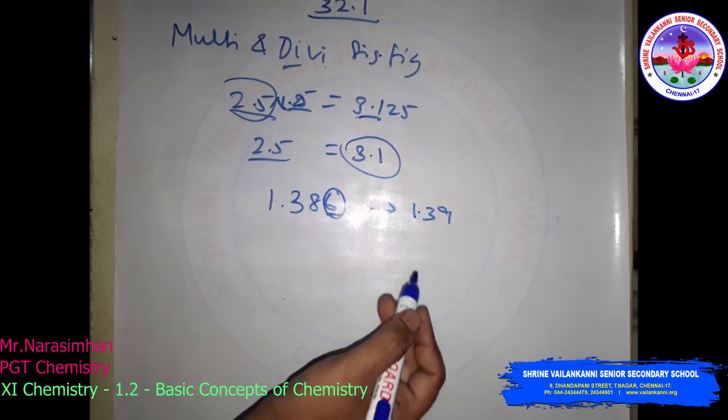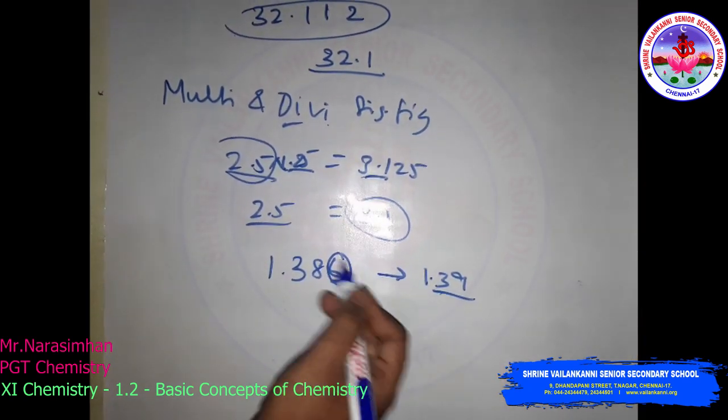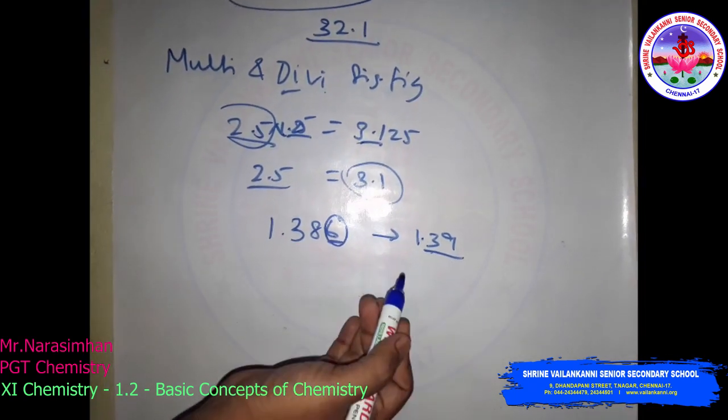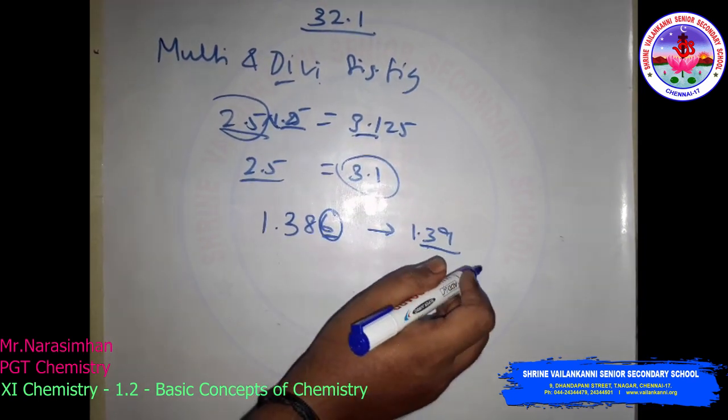Already I told you that it is plus or minus 1. So more than 5 means you have to add 1. Below 5 means you do not add. Okay, just simple like this.